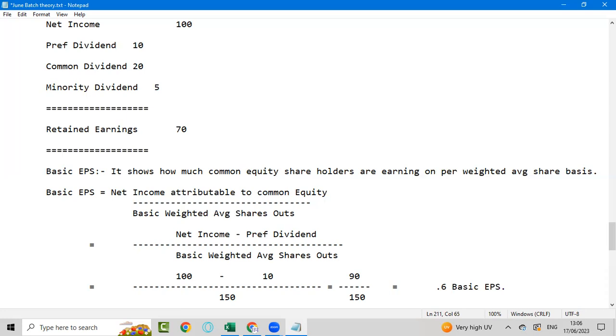So on every one share, we are earning 0.6 rupees annually. It can be a quarter also, 6 months also, but we are considering an annual income statement. So annually on a per share basis, we are earning 0.6 rupees. Clear? Noted.